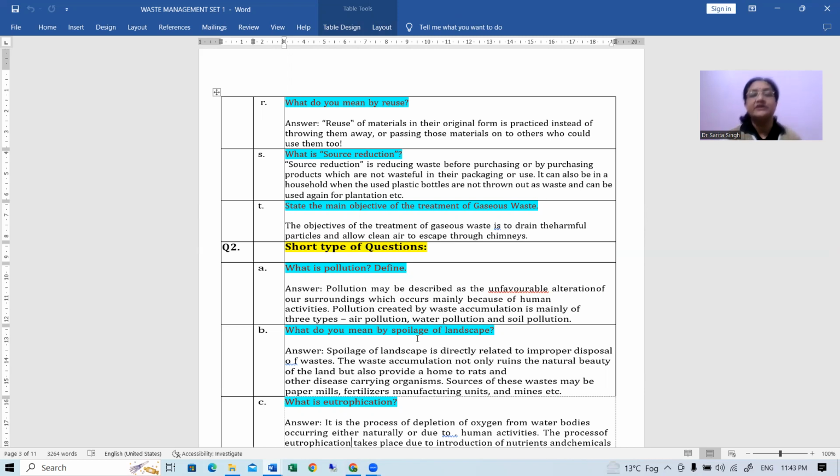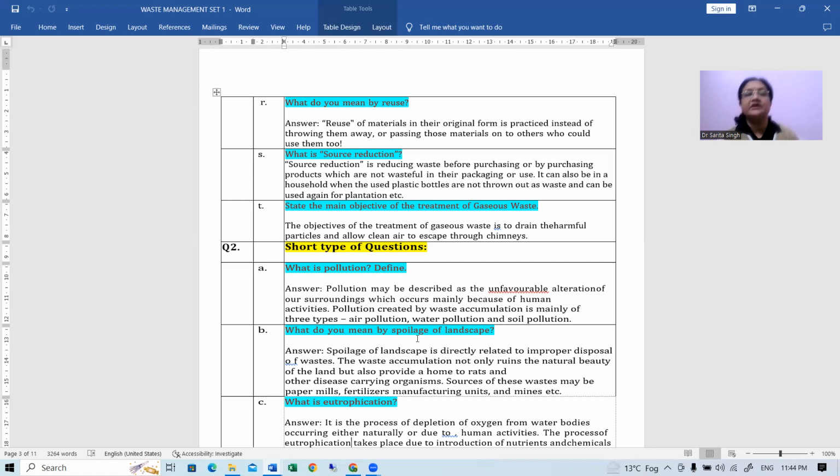Then what is source reduction? Again, one important term you should know here, right? Source reduction is reducing the waste at its origin only. Or you can say, by purchasing products which are not wasteful in their packaging or use, we are reducing that waste there only, right?